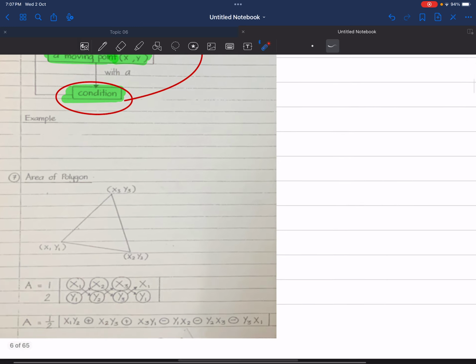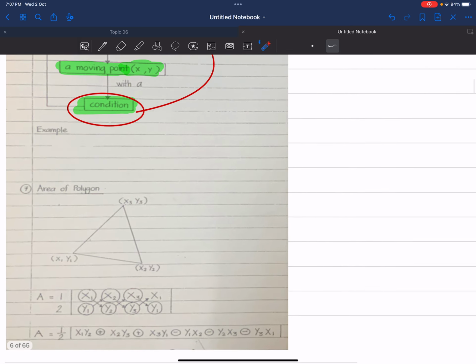And finally, we have come to the last formula, the area of a polygon. When I say polygon, it can be a triangle, it can be a rectangle.